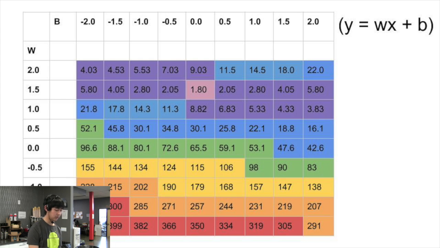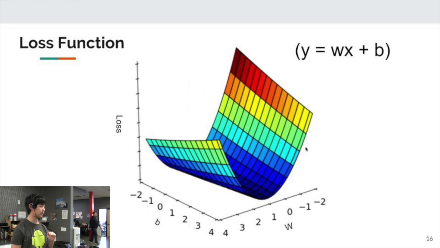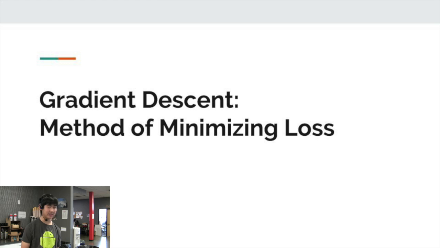But then slope of -2 and y-intercept of -2 as well has a really tall loss and is a really bad guess. And so now we can reframe our problem of finding minimal loss as: how do we get to the lowest part of the graph? And the way we did this was by gradient descent.